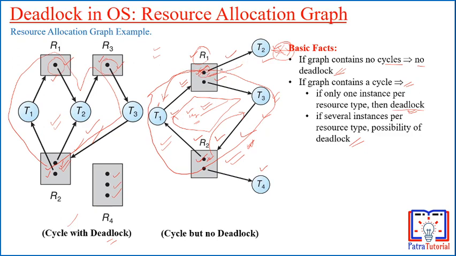Or T4 may also release its instance, so that we can assign this one to T3. So if there are several instances per resource type, there is a possibility of deadlock, but we cannot say there is or must be a deadlock. These are the two important points we have to remember.